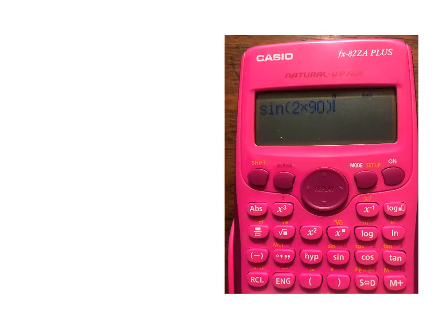Also in the second investigation, you will be dealing with the function y is equal to sine of 2x. In this case, you are multiplying x by 2. You are doubling the size of the angle and then finding the sine of the doubled angle. So if x is equal to 90 degrees, you are looking for the sine of 2 times 90 degrees.